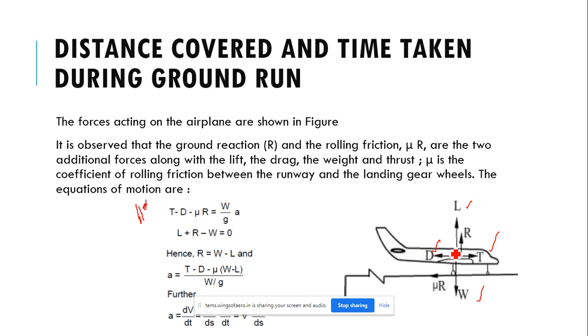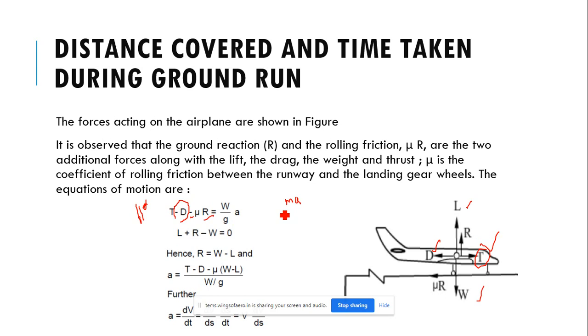The parallel forces are T, the thrust, and drag in the opposite direction, so minus D, and the rolling friction, minus mu into R, equal to mass into acceleration, since the aircraft is moving. The mass is W by g, so MA is written as W by g into A. These are the parallel forces.